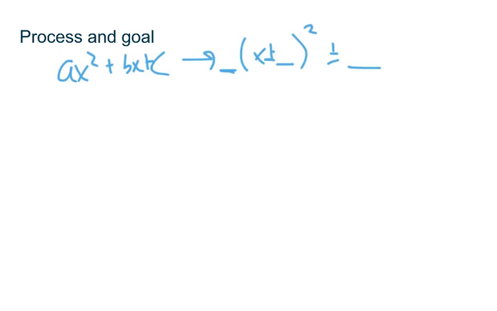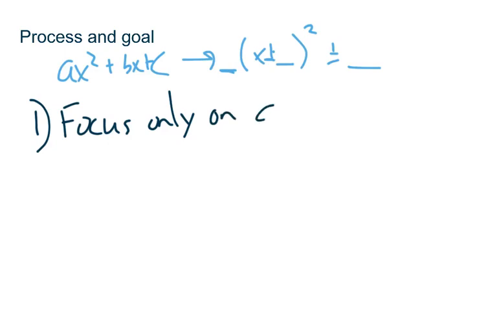Now, the process is to first of all make sure that we are in standard form. After that, what we're going to do is focus only on A and B. Now, here's what's going to get a little more confusing. I'm going to write it down so that it's in your notes, because it will help you. These are step-by-step instructions, kind of like a recipe for cooking.